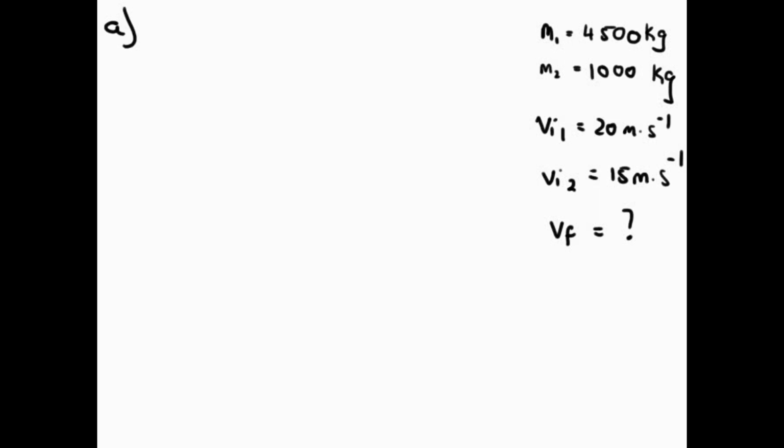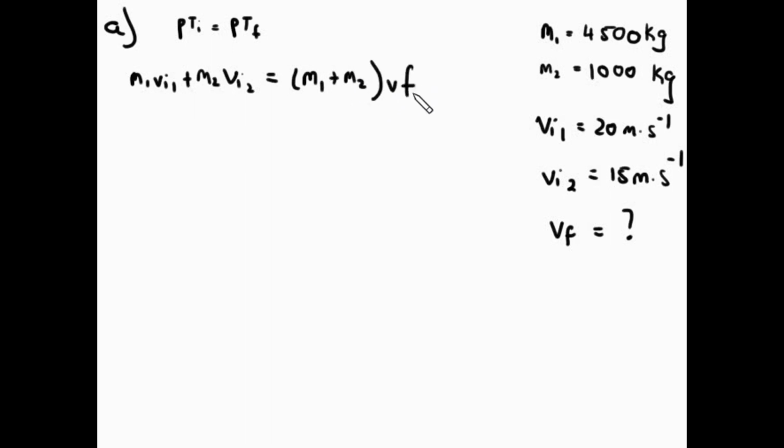Well, my formula pti is equal to ptf. And I know that m1 vi1 plus m2 vi2 must be equal to my total final momentum, which in this case will be (m1 plus m2) multiplied by vf.